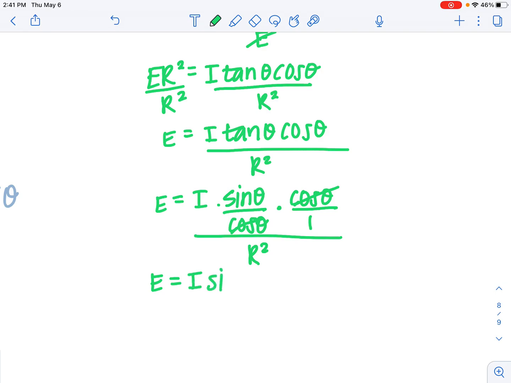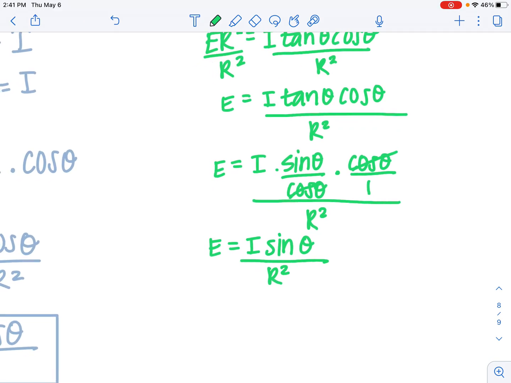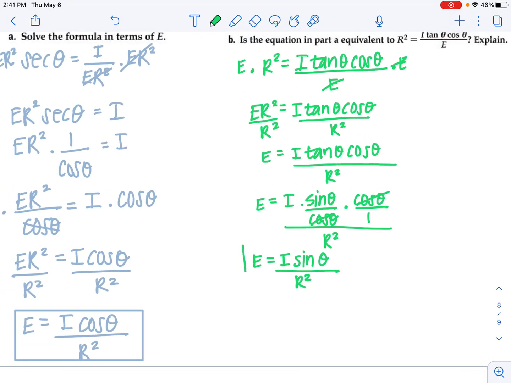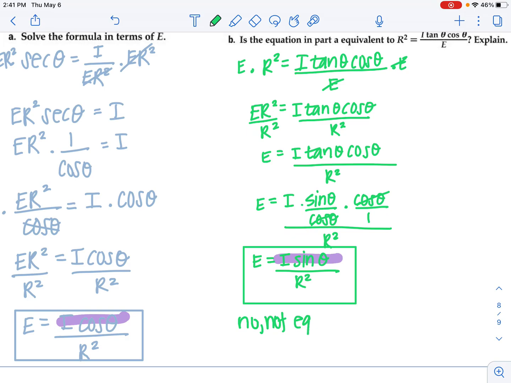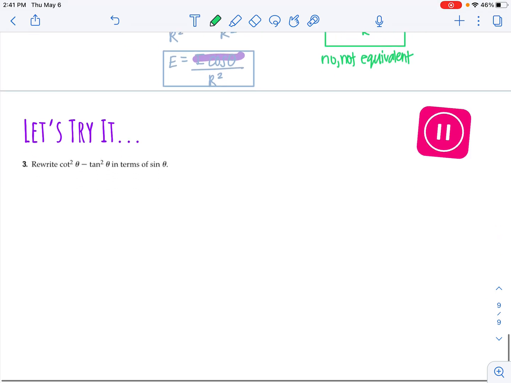So we can see that this will cancel out to be simplified to E equals I sine of theta over R squared. And we can see that these are not equivalent because one of them is I cosine of theta and one is I sine of theta. So no, not equivalent.